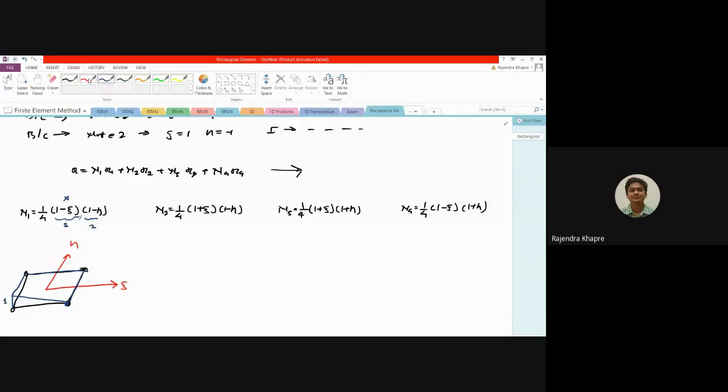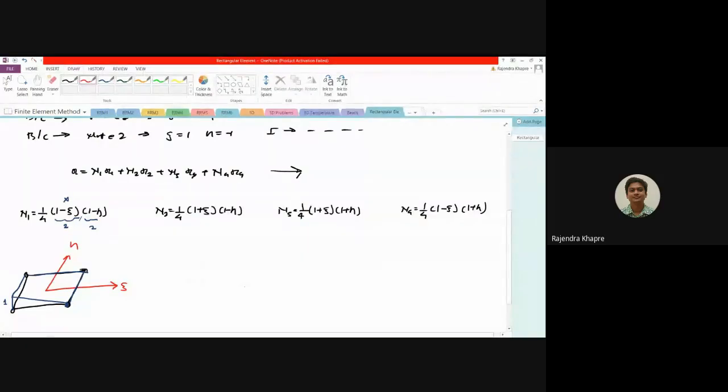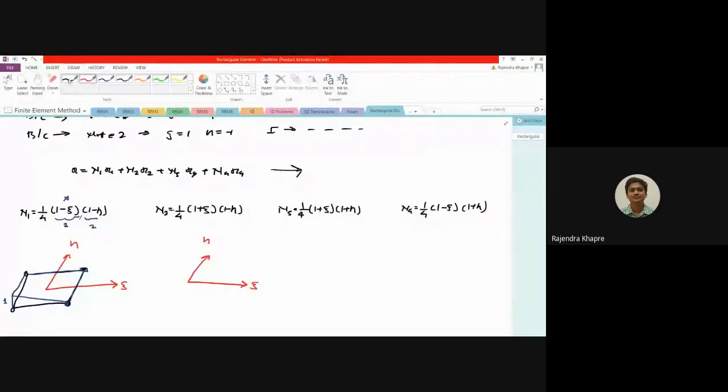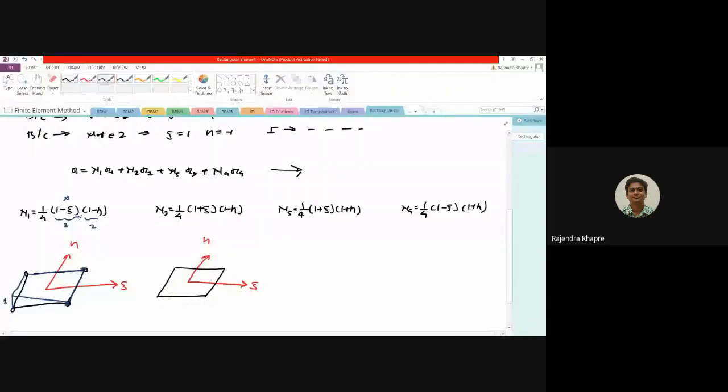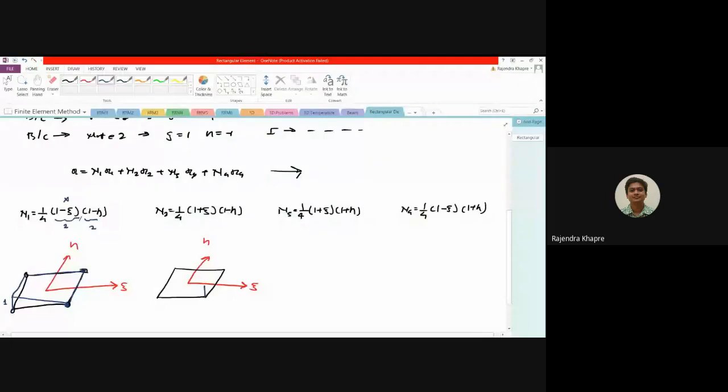On similar lines, you can also plot the variation of n2. This will be xi, this will be eta, and if you plot the element, your element will be like this, and your variation will look something like this. Here the value of n2 will be 1, here it will be approaching 0, here also approaching 0, here also 0.